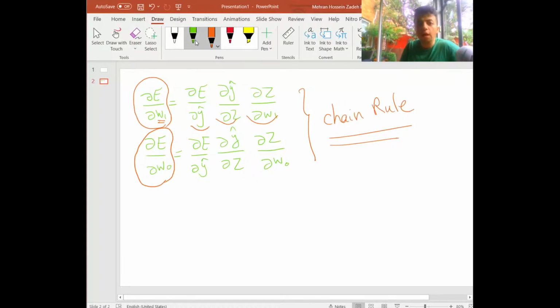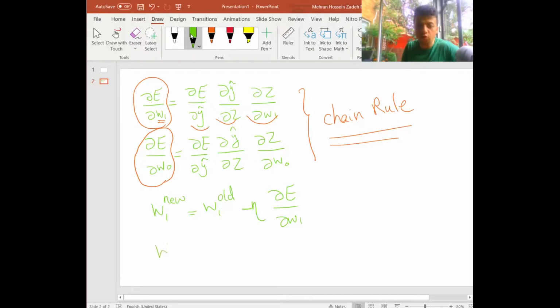Now, after you computed these, then you would say the new w1 is equal to the old value of your w1, always minus the learning rate, which is just a step size, multiplied by the rate of change of your error with respect to that w1.